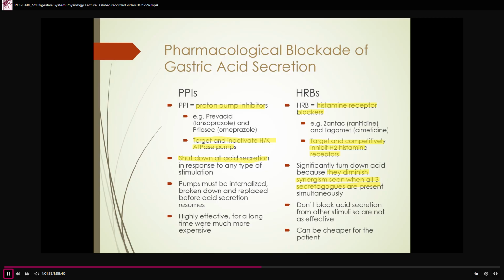So it's not able to block all acid production, so it can't shut it down as thoroughly as the PPIs can. But these were often preferred drugs because, at least when the PPIs first came out, they were so much more expensive, and these were cheaper and would often be used as first lines of defense.